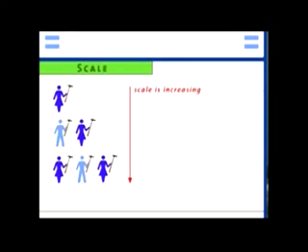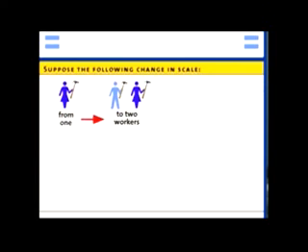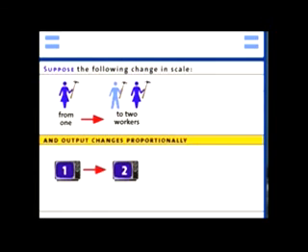What happens to output? Well, you can imagine that one of 3 things would happen. The first is probably the most reasonable assumption, and that is that if both of our inputs double, our output would double as well. This is the case when the firm is said to have constant returns to scale. Constant returns to scale is defined as a technology where increasing all inputs by a given proportion increases output by the same proportion.